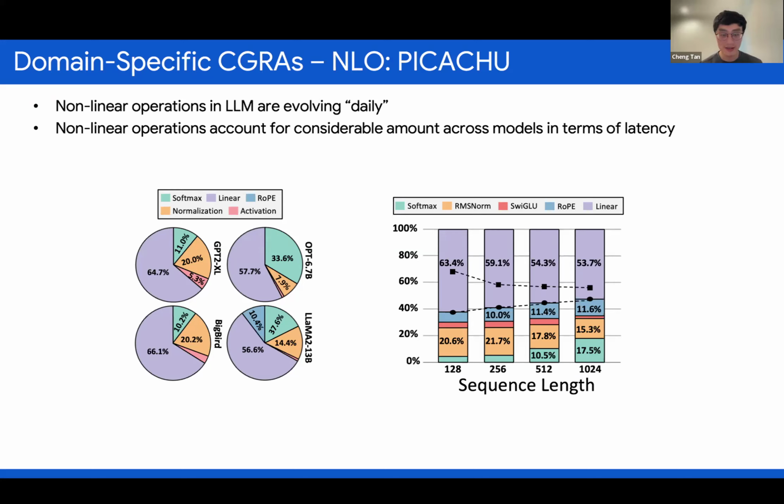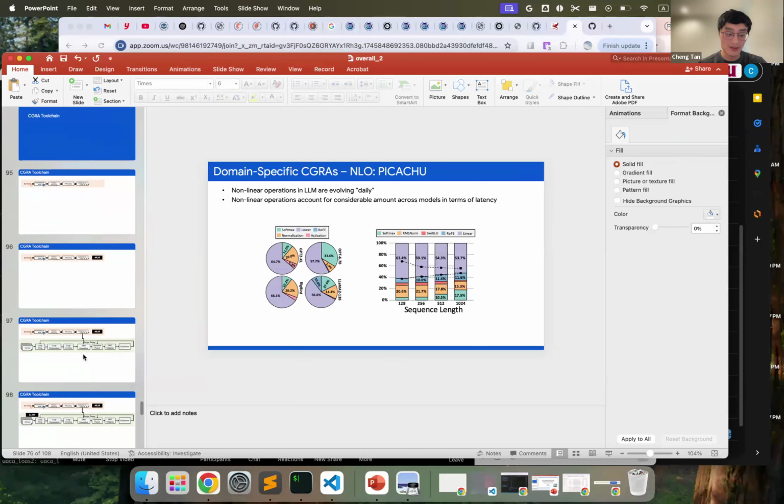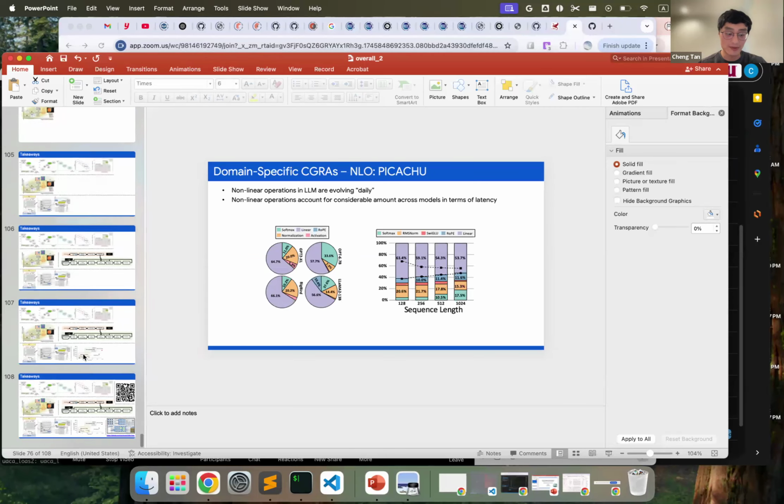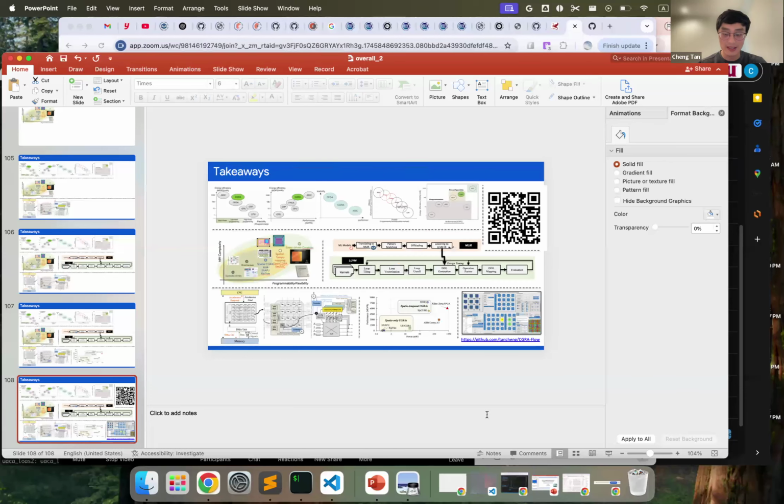I believe hybrid is the trend. FPGA also has the AI Engine today, right? It's conventional FPGA fabric plus a coarse-grained reconfigurable accelerator.